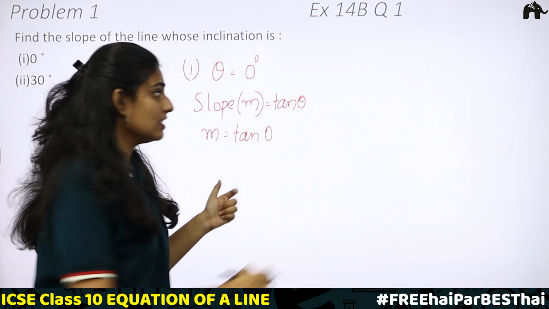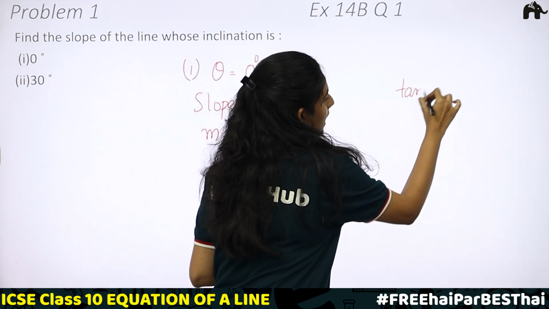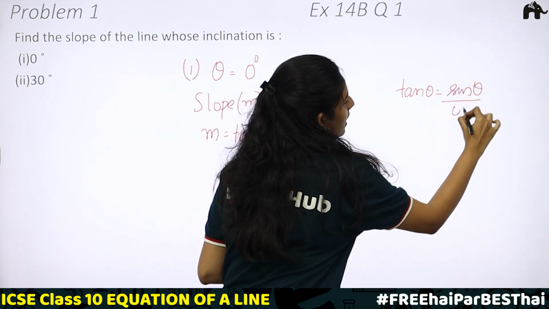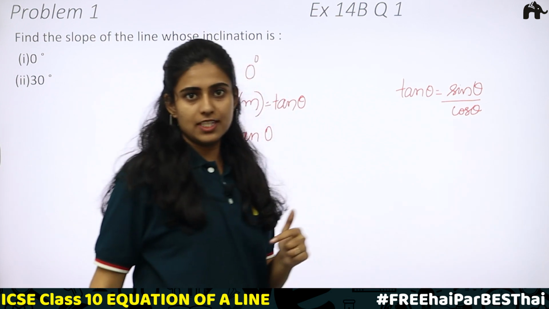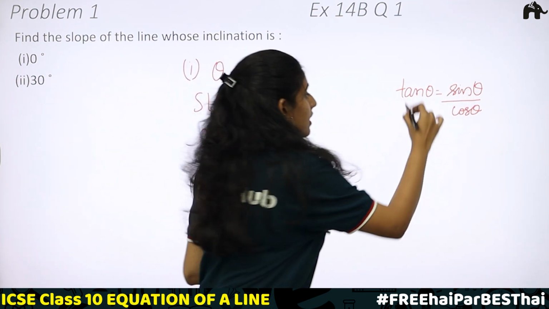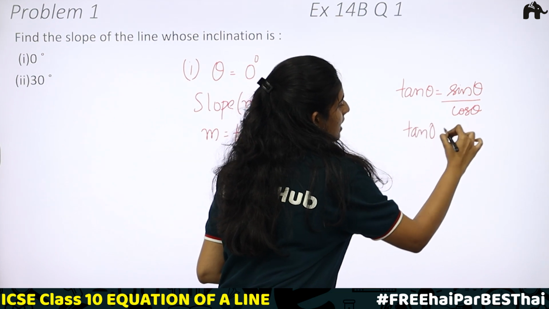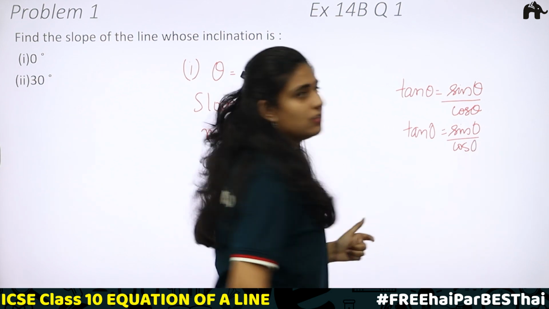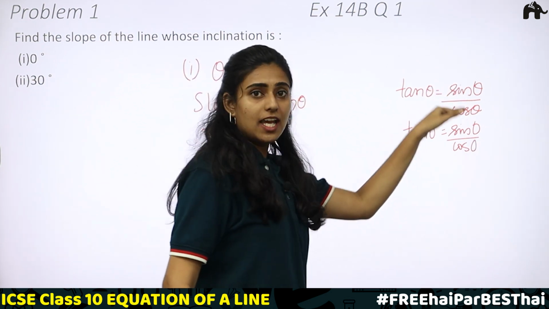We know tan theta is equal to sin theta divided by cos theta. Here we need tan 0. Tan 0 is equal to sin 0 by cos 0. If you don't remember the value, you can get it from sin and cos.